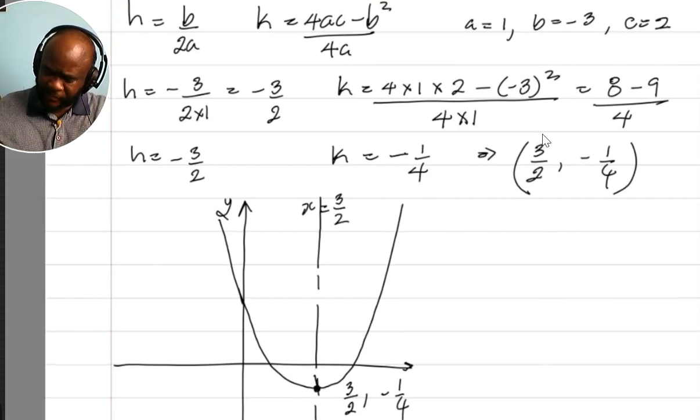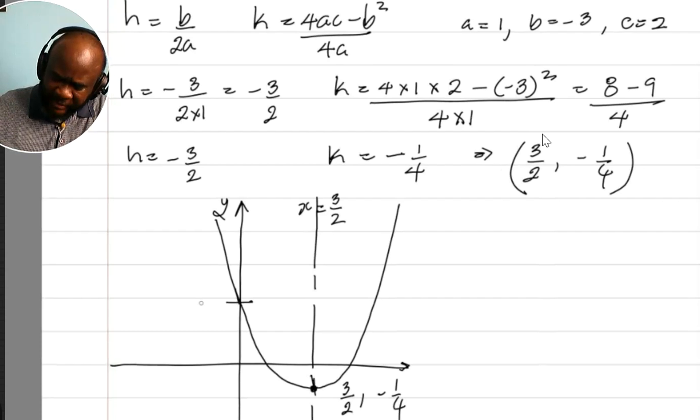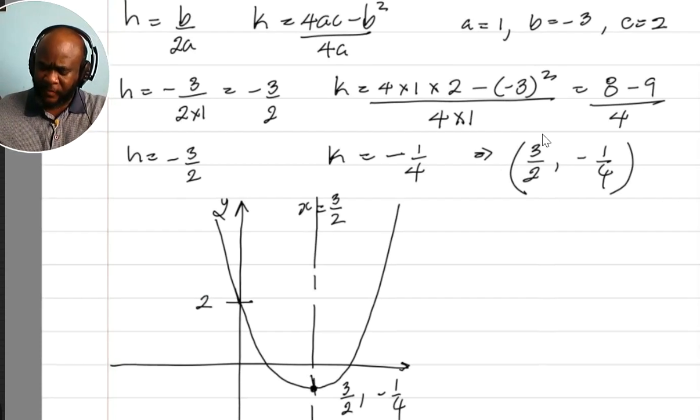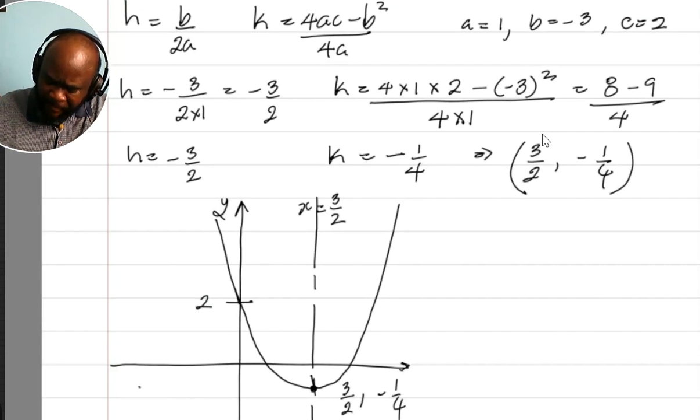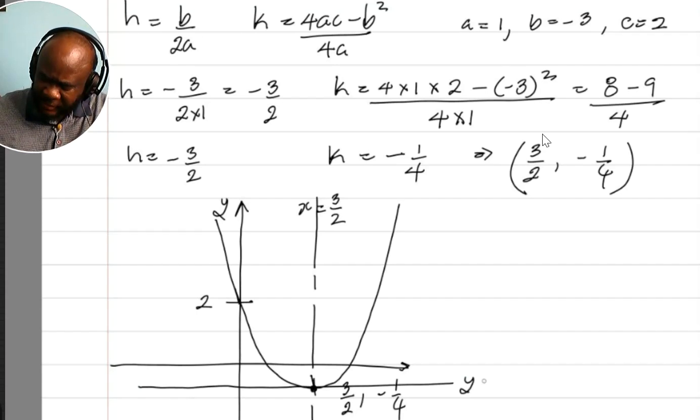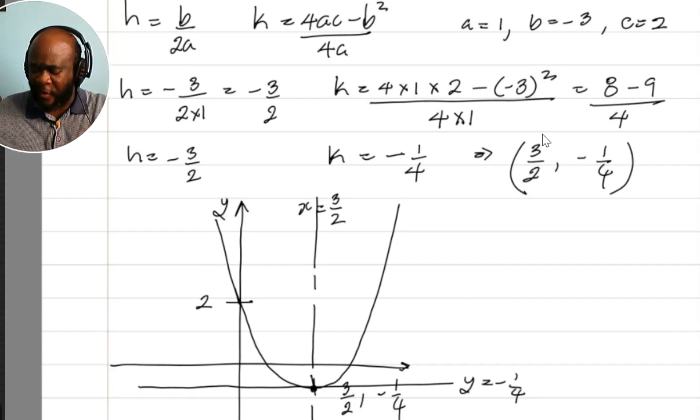This is the y-intercept, which is 2. The minimum value of y down here is y is equal to minus a quarter. So there's no value of y below y is equal to minus a quarter.